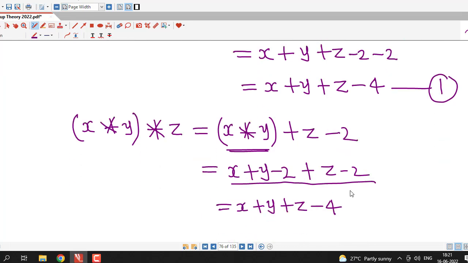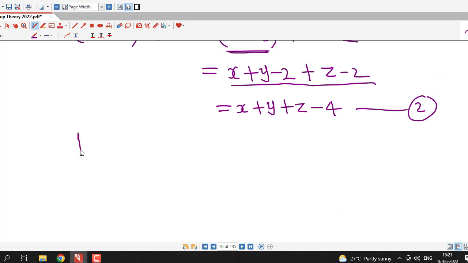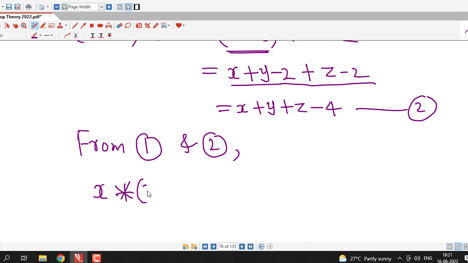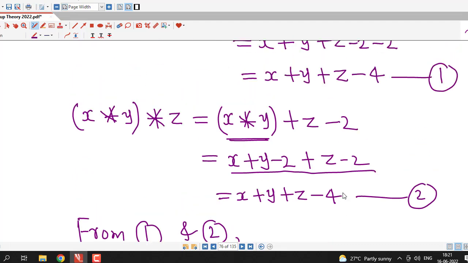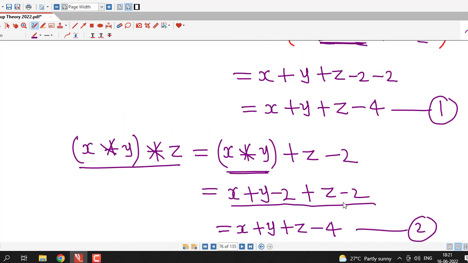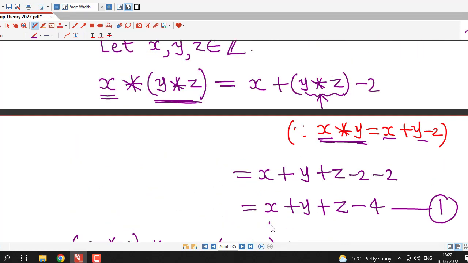We give this number 1, this is number 2. So from 1 and 2 we can observe that associative property is also satisfied. From 1 and 2, x star y star z equal to x star y star z, because the right hand side is the same. For this we obtain x plus y plus z minus 4, and here also we obtain x plus y plus z minus 4.